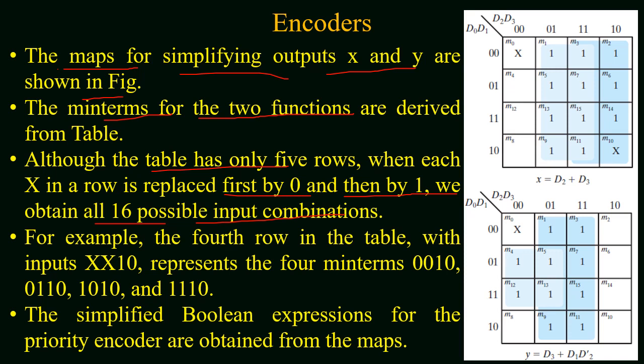Through this, we will obtain all the 16 possible input combinations. For example, the fourth row of the table with inputs XX10 represents the 4 minterms 0010, 0110, 1010 and finally 1110. The simplified Boolean expressions for the priority encoder are obtained from the map.